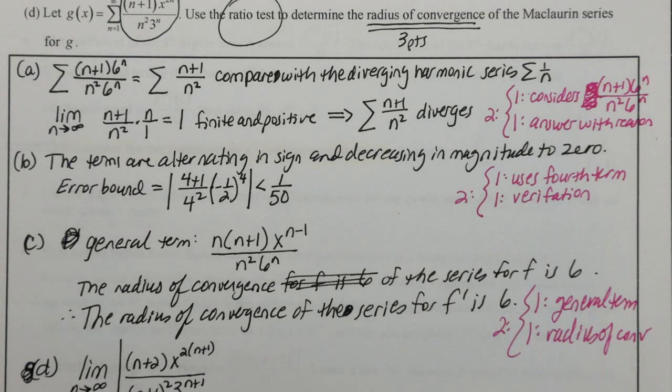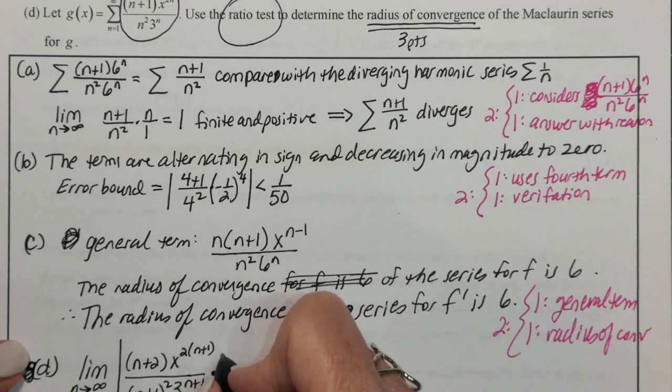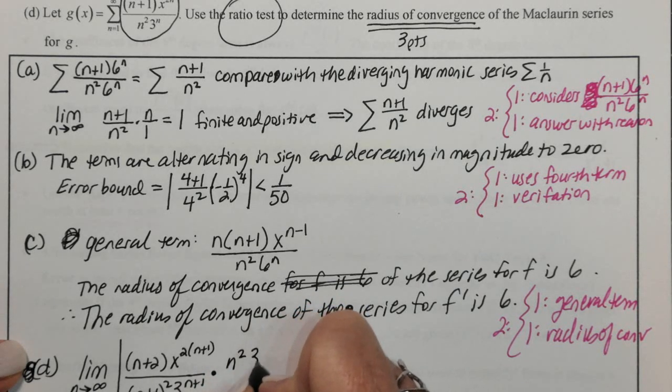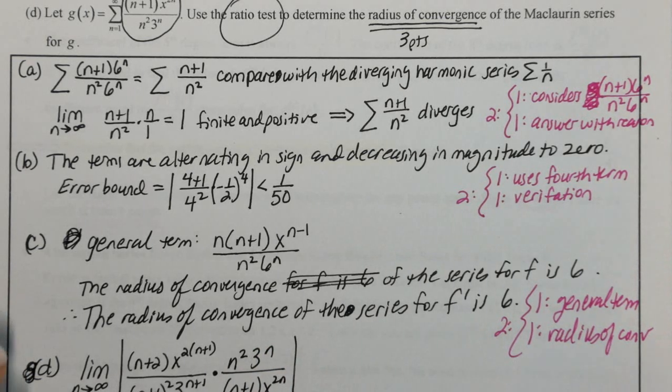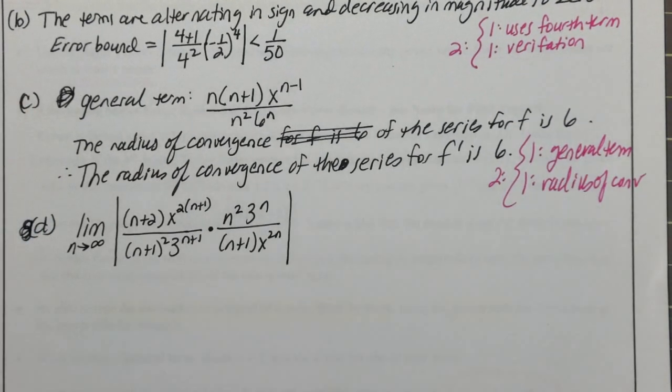So that's the n plus 1 term, and we need to divide that by the nth term, which is the same as multiplying by the reciprocal of the nth term. So we're going to multiply that by n squared, 3 to the n, over n plus 1, x to the 2n.